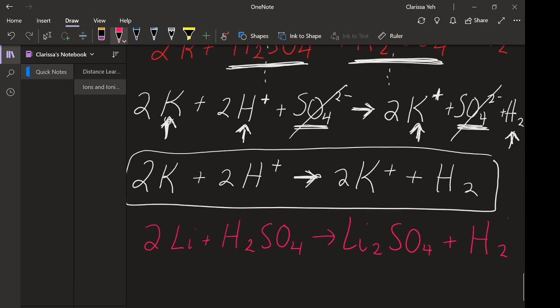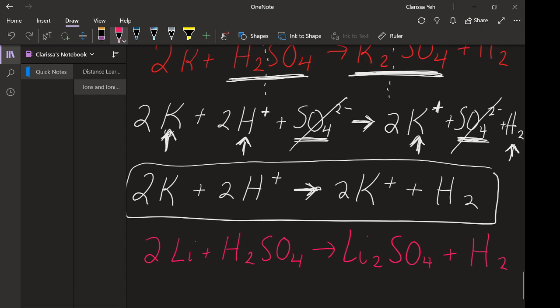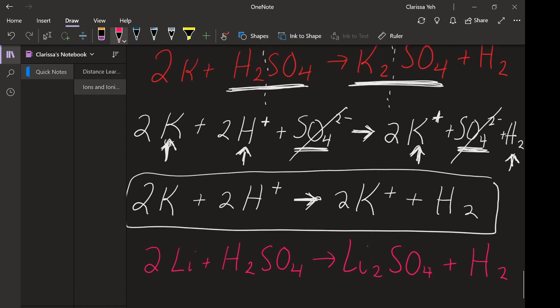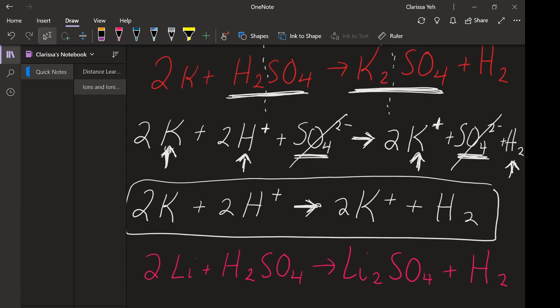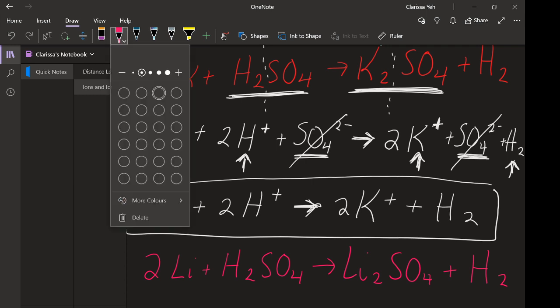Okay, so on my screen is this next one. I'm going to leave the one we just did at the top so you guys can see the workings. So the bottom one, I'm going to circle it.